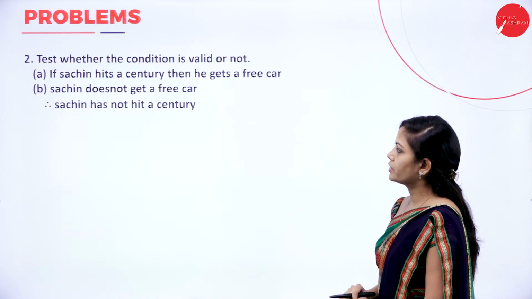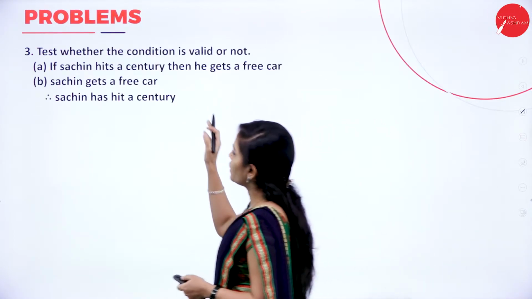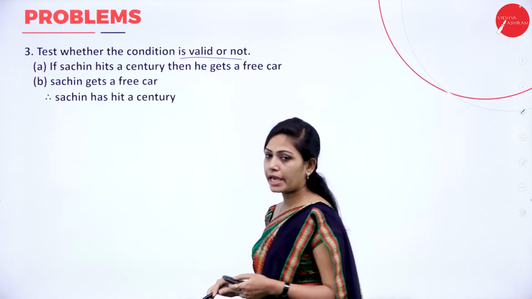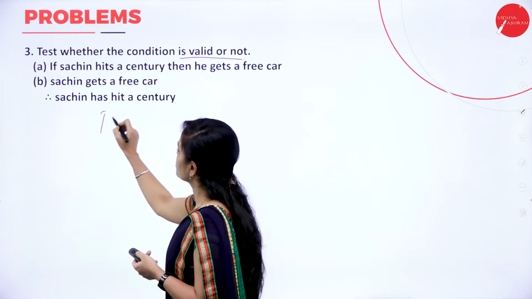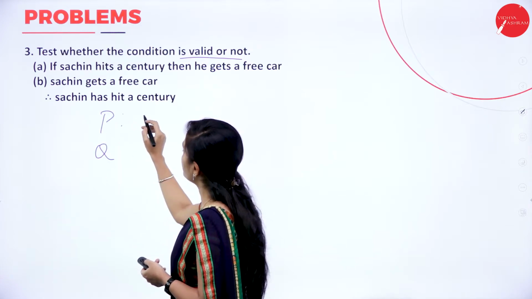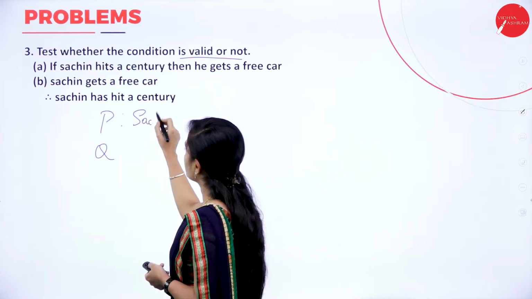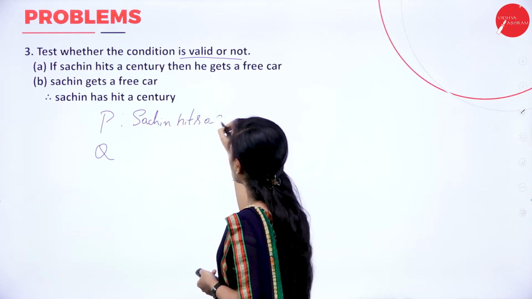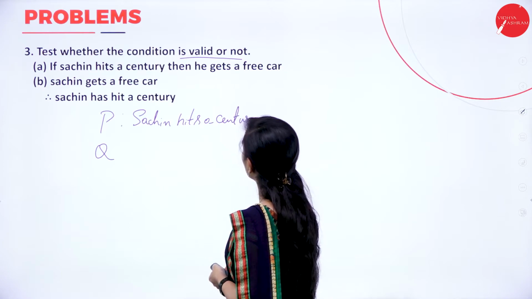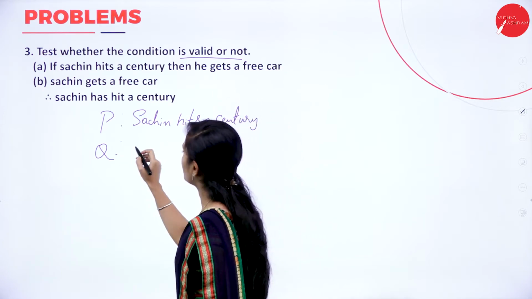The next question is, test whether the argument is valid or not. Again, the same question. If Sachin hits a century, then he gets a free car.